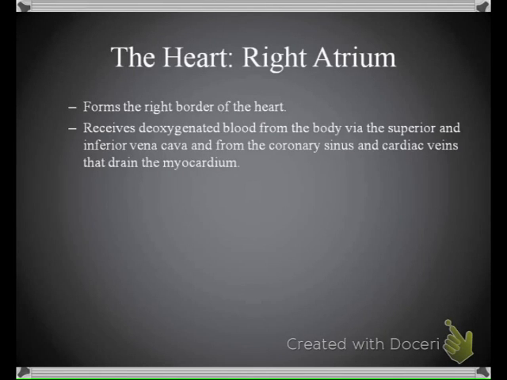If we begin looking at the right atrium, there are a few key things we must understand. Number one is that it forms the right border of the heart. As the name implies, right atrium, right border of the heart. It receives deoxygenated blood from the body via the superior and inferior vena cava, and from the coronary sinus and cardiac veins that drain the myocardium.